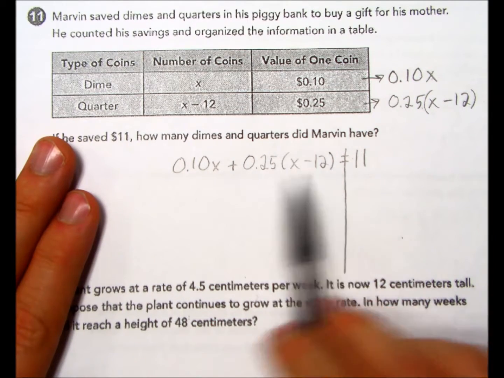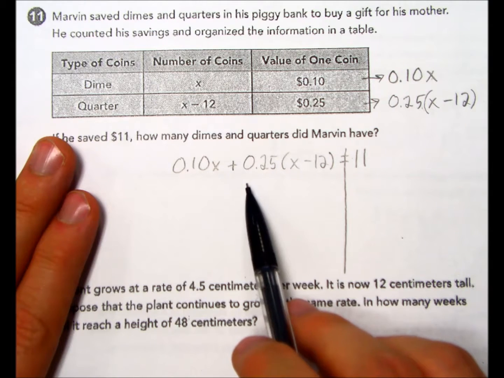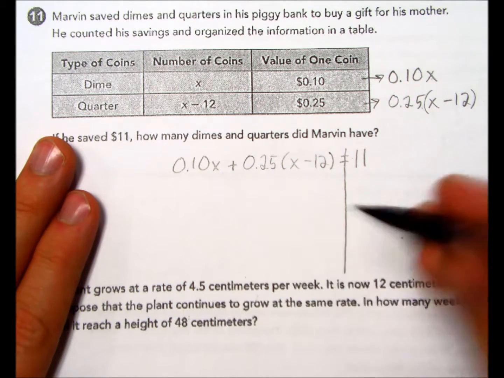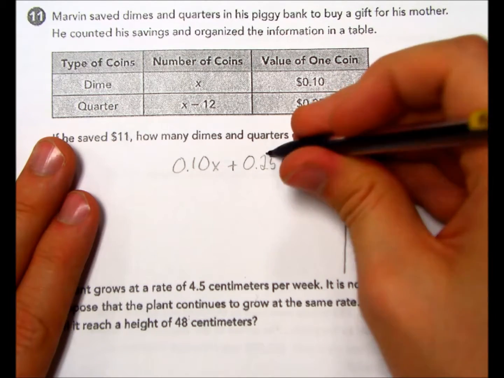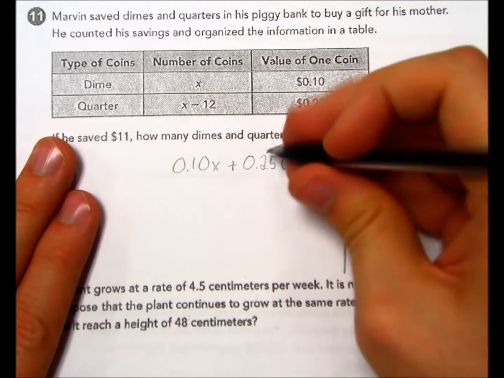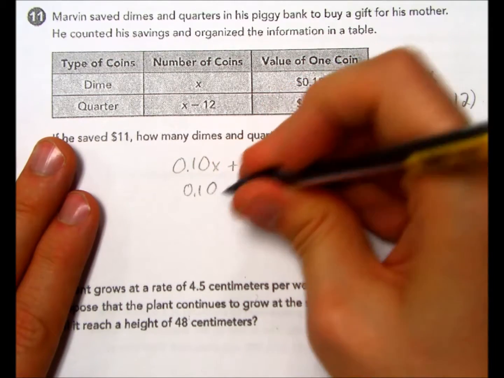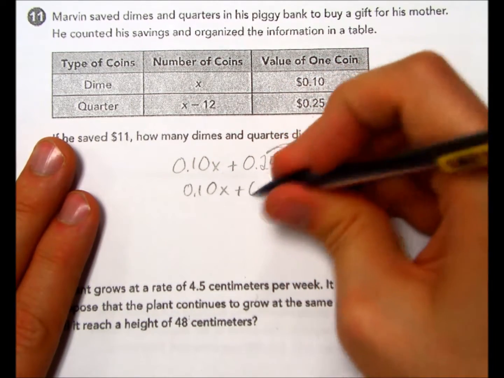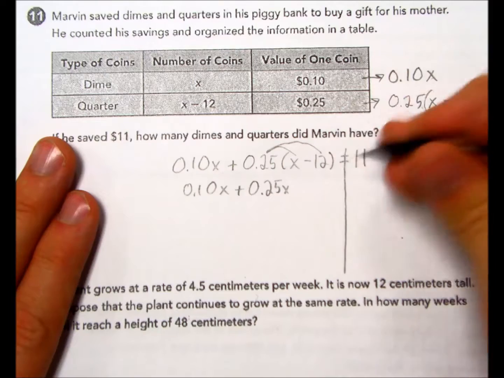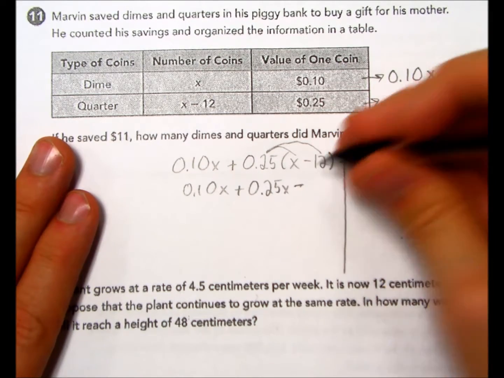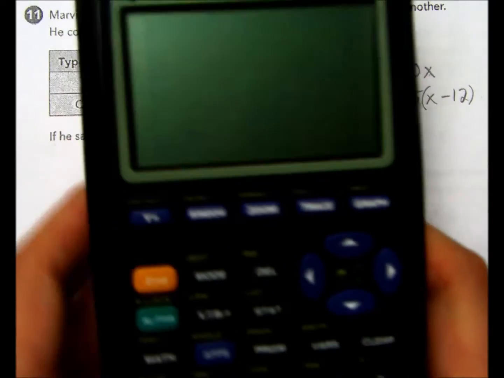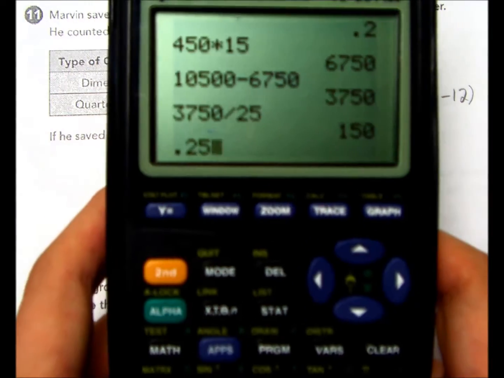We've seen equations like that where you have to simplify on one side first, and this is one of them. So first thing we're going to do, anytime we see parentheses, we want to get rid of them, so we got to distribute. Multiply. This 0.10x is just along for the ride. 0.25 times x is 0.25x. And then remember, it's a positive times a negative, so we're going to have a minus. And 0.25 times 12 is 3.